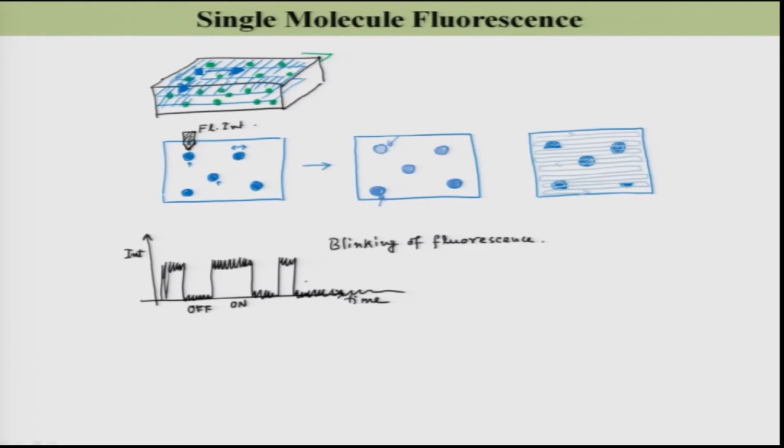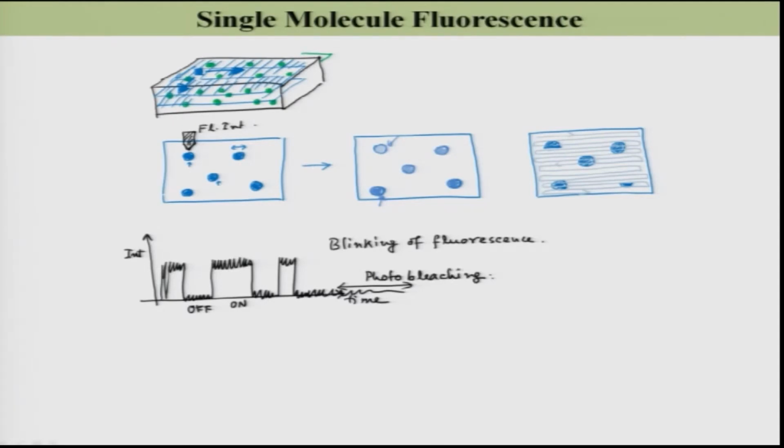But if you keep on exciting the molecule many times, then the molecule may be destroyed, and it is a very common feature, and from this part the molecule will never come back to give you fluorescence. That means the molecule is destroyed, and this is called photobleaching.